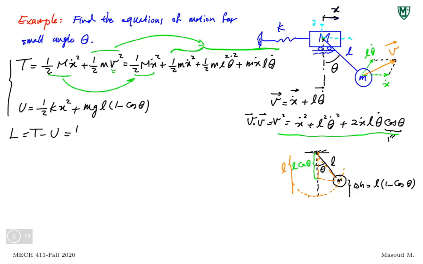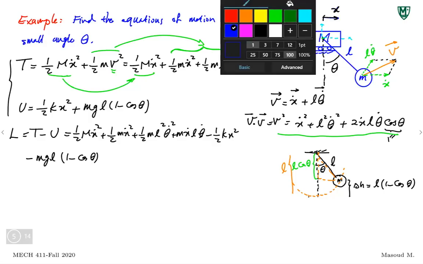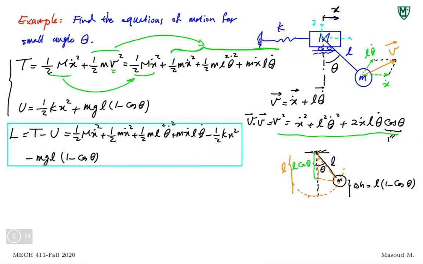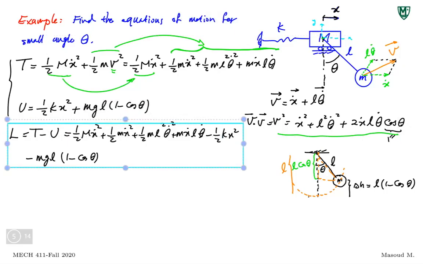So we'll have 1 over 2 m x dot squared plus 1 over 2 m x dot squared plus 1 over 2 m l squared theta dot squared plus m x dot l theta dot minus 1 over 2 k x squared minus m g l times 1 minus cosine theta. This becomes your Lagrange function. Keep it here. We're going to use this over and over because we want to take derivatives with respect to different parameters.